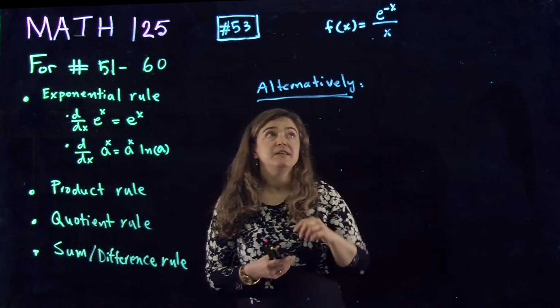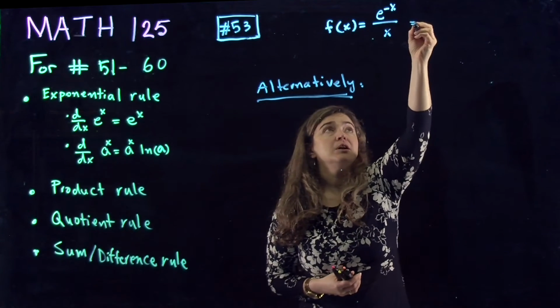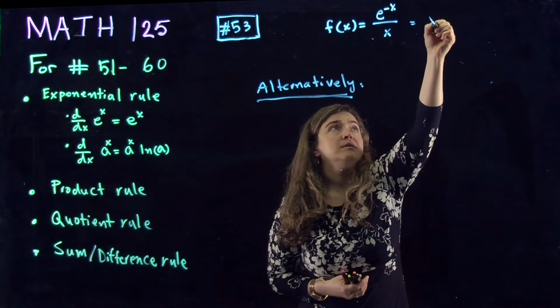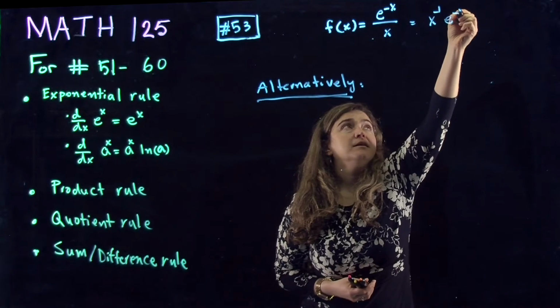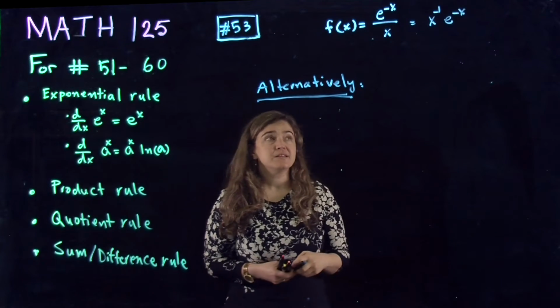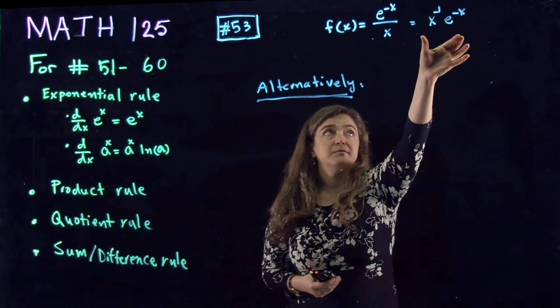Alternatively, for number 53, we can change that denominator, bring it to the top, have it as x to the power negative 1 times e to the power negative x, and then use the product rule with that function.